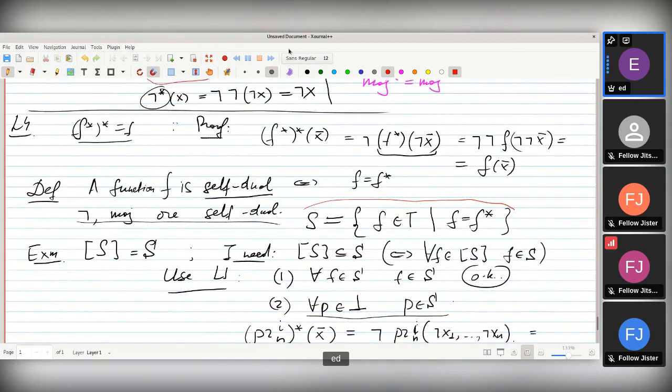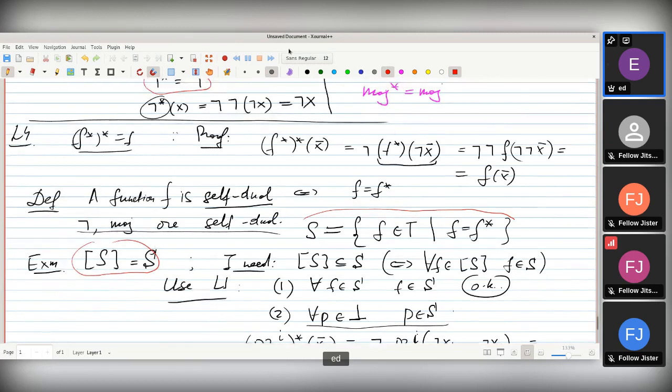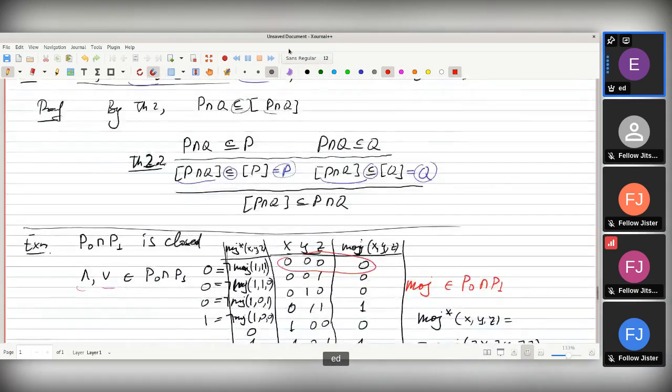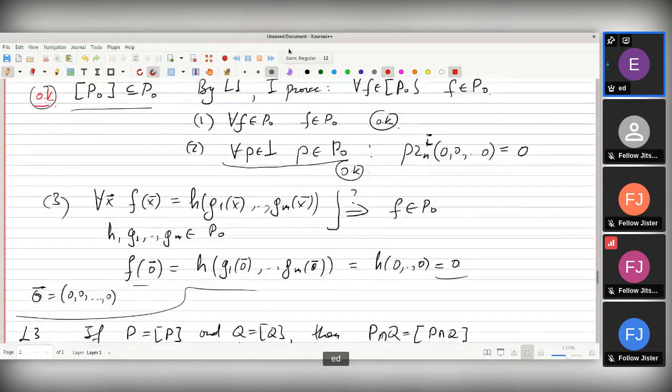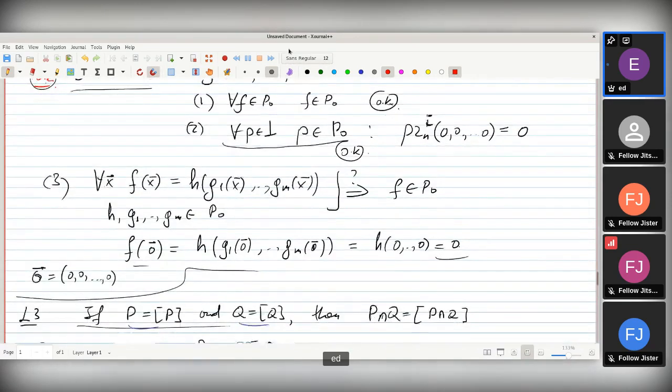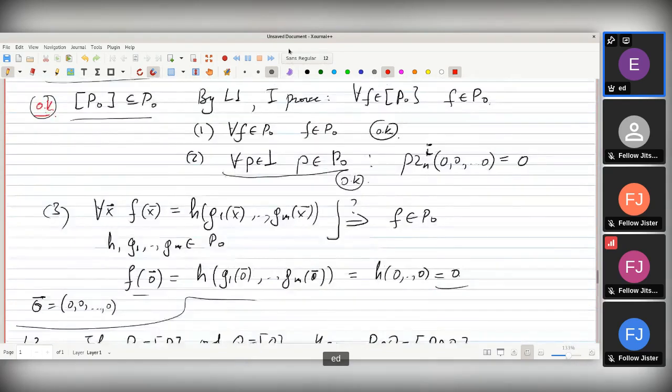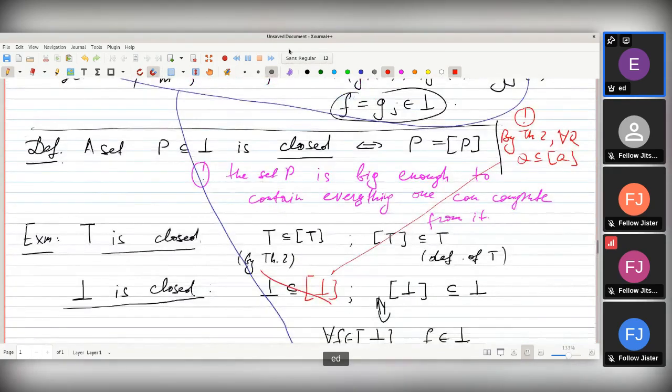So far, our examples of closed sets consist of functions preserving 0 and 1. They are called collectively constant preserving functions. Various intersections. Of course, the set of projectors and the set of all Boolean functions.